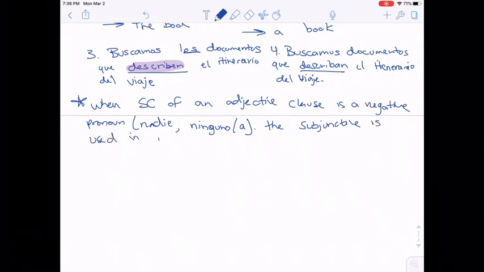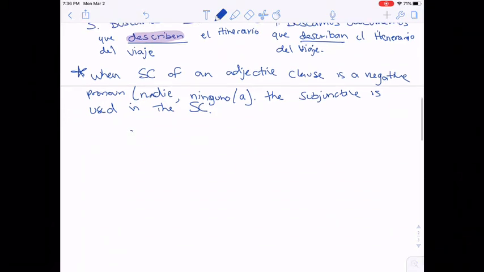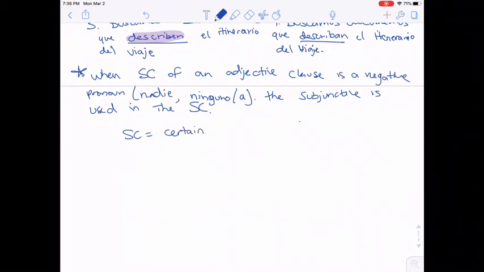So a couple examples of this. We'll use one where the SC is certain and SC uncertain. Subordinate clause is the SC.